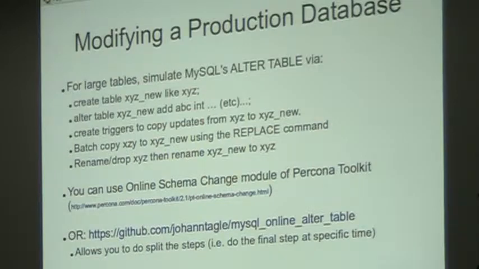You want to be able to do the actual renaming when the code that handles that has been deployed. The Percona toolkit has many options, but right now I'll be showing a little about the script I made because it's in Ruby.